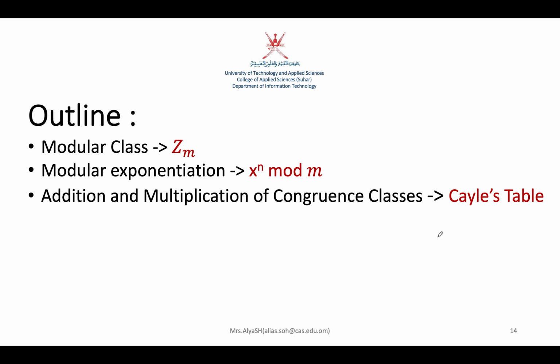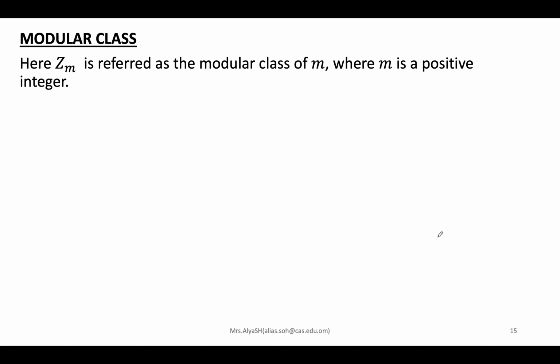We will be discussing modular classes, modular explanation, addition, and multiplication of congruence classes. So here, Zm is referred to as the modular class of M, where M is a positive integer. Before we introduce the idea of modular class, let's just know this exciting fact.